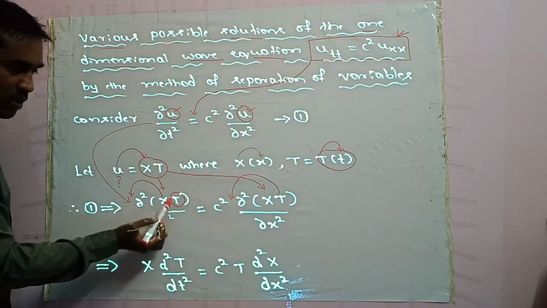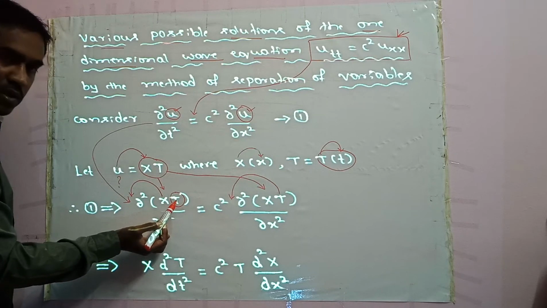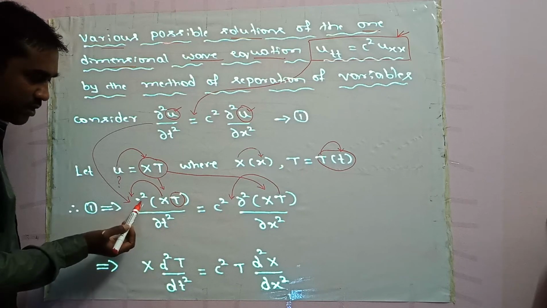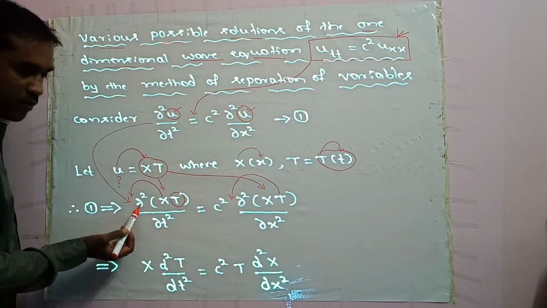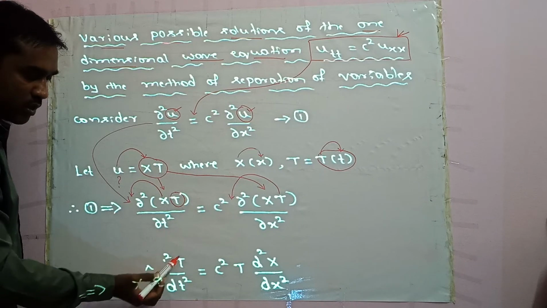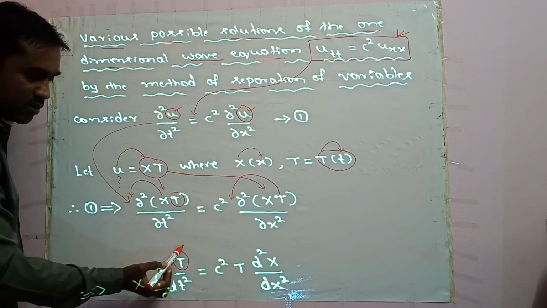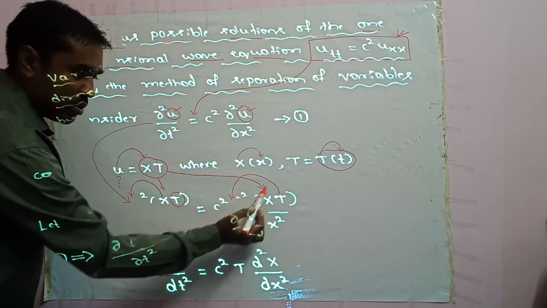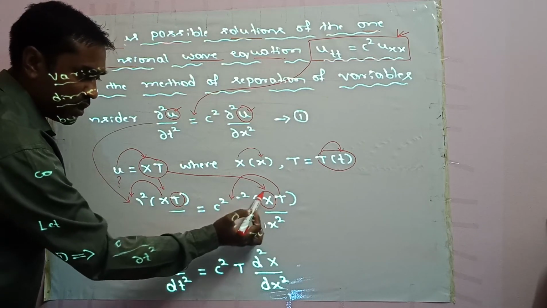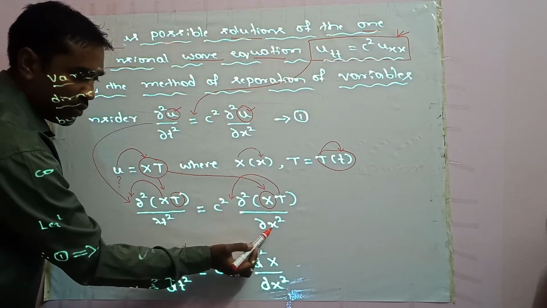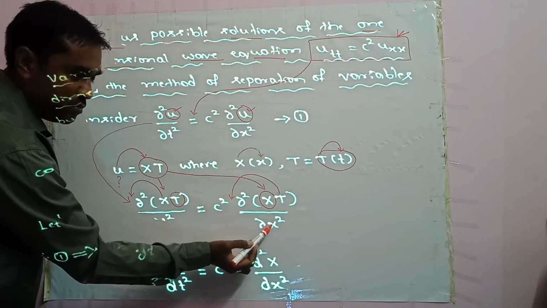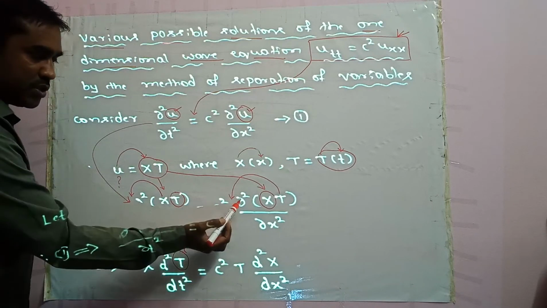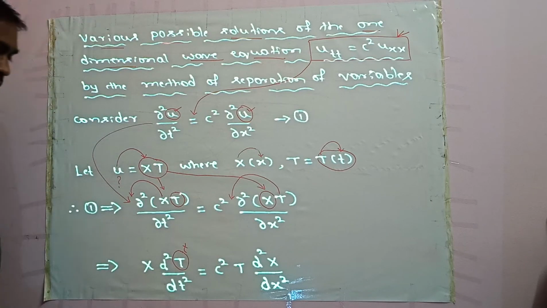Since the function depends on only one variable, we can replace the partial derivative with an ordinary derivative, because this function depends on only one variable, that is t. Here also the same thing happens. Since X depends on only one variable x, we can replace ∂ by d.